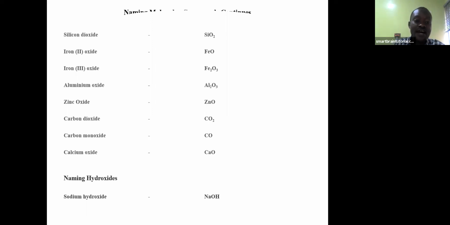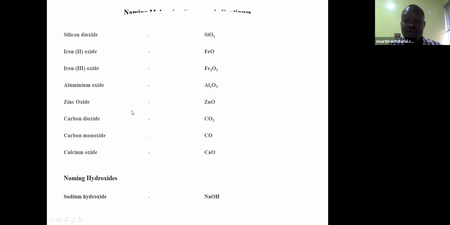And then next we have aluminum oxide. In aluminum oxide, the oxidation state of aluminum is 3. So to balance it up, you need 3 atoms of oxygen. This is the layer of aluminum oxide that is formed to prevent further corrosion of aluminum.